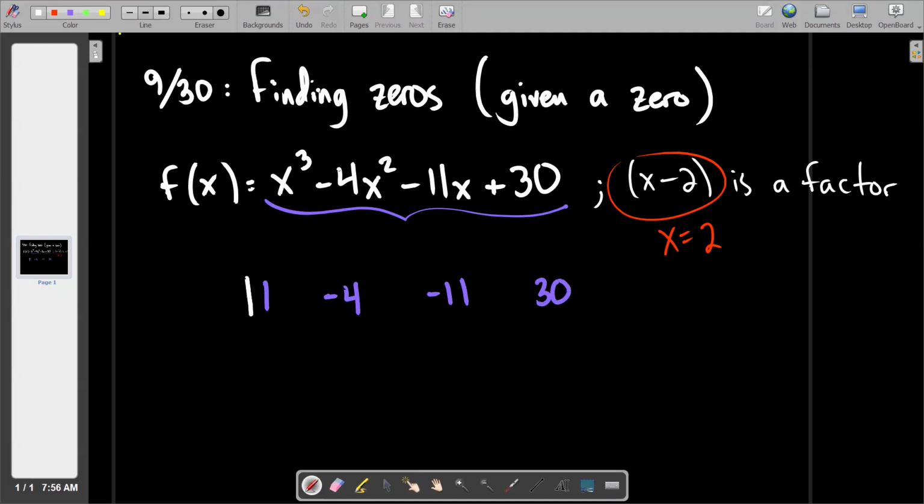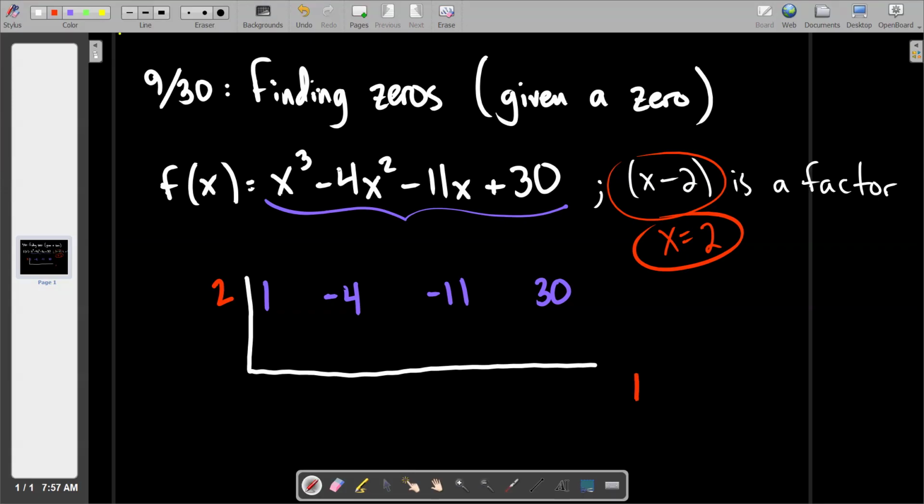And we do our upside down division sign. And then we put the number +2. This is really important, okay? +2 goes out here. If x minus 2 is the factor, then x equals +2 is the solution, or the 0, correct? So what we're going to do now is chip down using synthetic division, and something will happen.